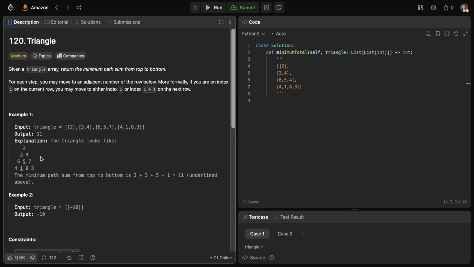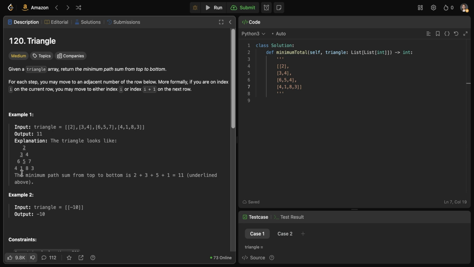So now if I start solving this question using recursion, I'll explain it using example 1. In example 1, you have been given this array. If I have to compute the minimum path sum from top to bottom just by looking at this question, how would I compute it? I would first select from the bottom-most array 4, 1, 8, 3, the minimum, which is 1.